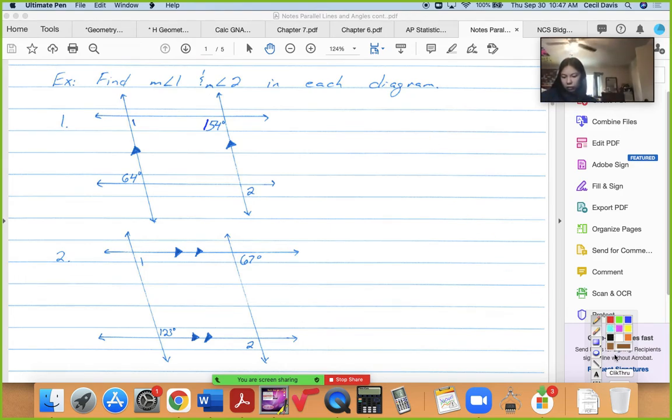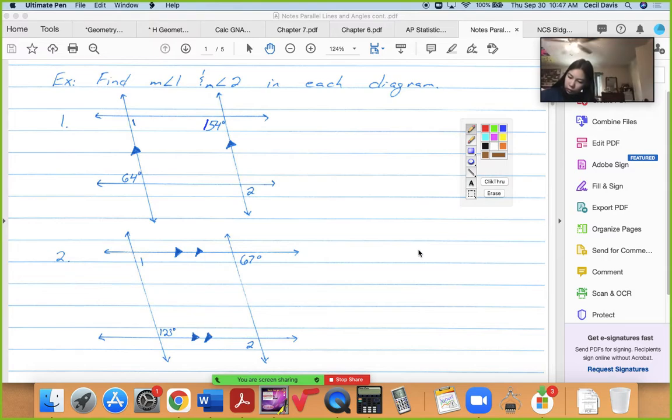All right, when you're working with problems like this, part of what you have to do is figure out which angles are in a relationship with one another. So for this one, if we're looking for angle 1's measure, is angle 1 in a relationship with the 64 degree angle, or is angle 1 in a relationship with the 154 degree angle? No, it's in a relationship with the 64.